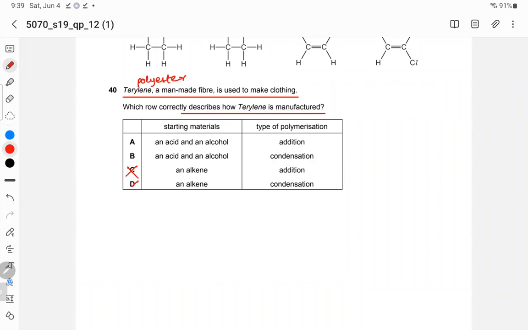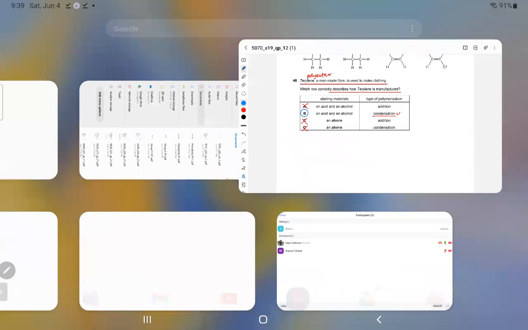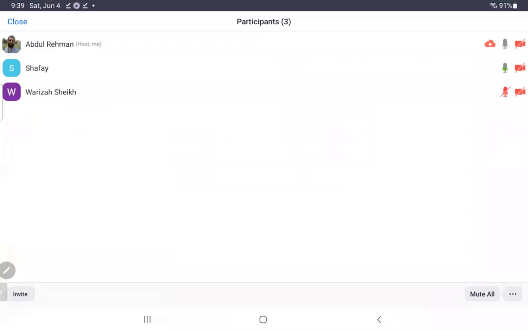So C and D go wrong. And the type of polymerization by which polyester is formed is condensation. So A goes wrong. Hence B is our correct answer. Is this clear to everyone? Yes, sir. Yes, Shafi? Yes, sir. Okay.